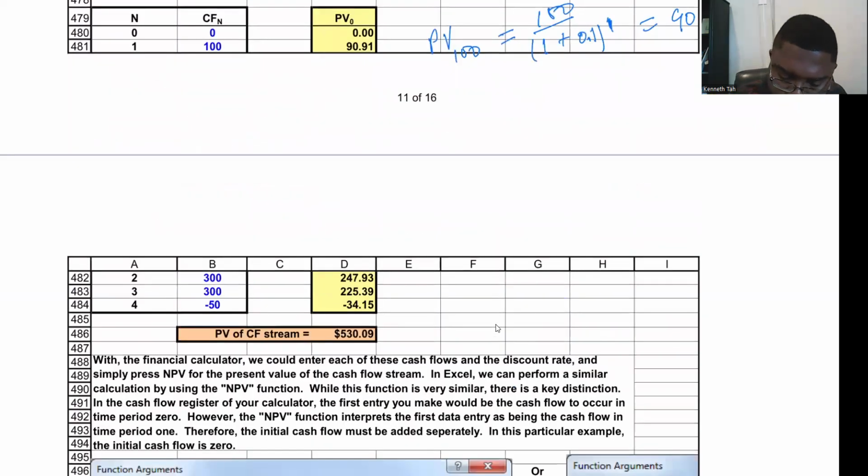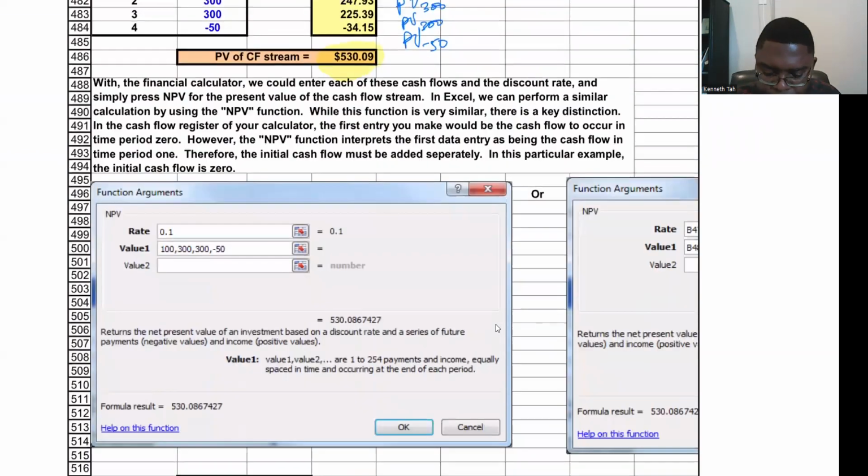And then we do the present value for 300, the next one, and the present value of negative 50. So those are all the different present values we have. Then we add them up, and once we add them up, we have 530. So this is how we solve it. We basically just calculate the present value for each of these cash flows and we add them up.